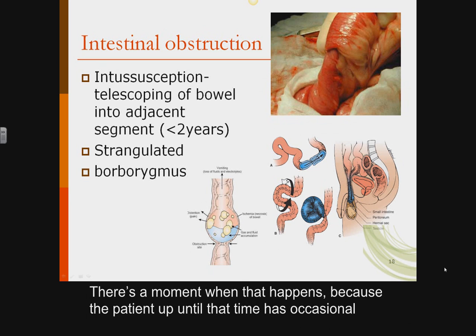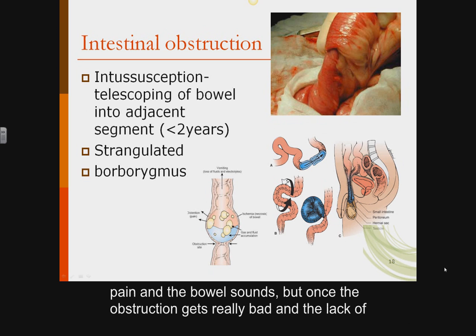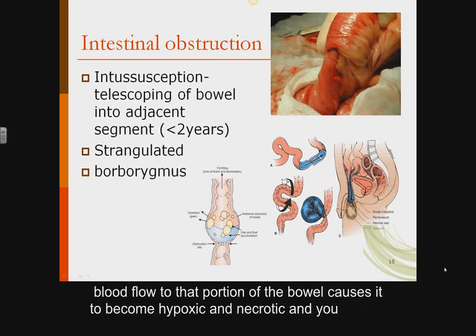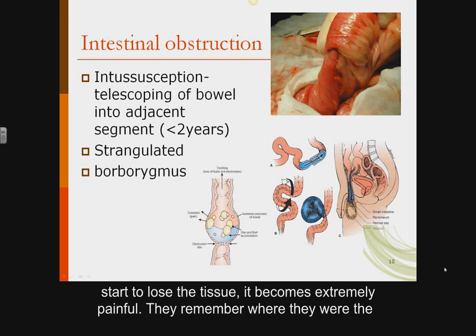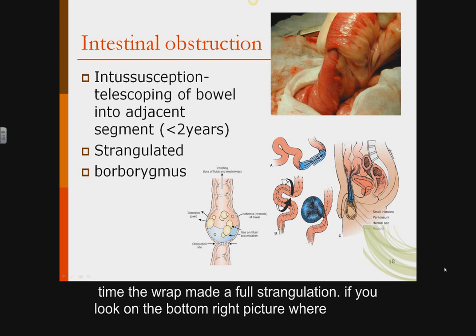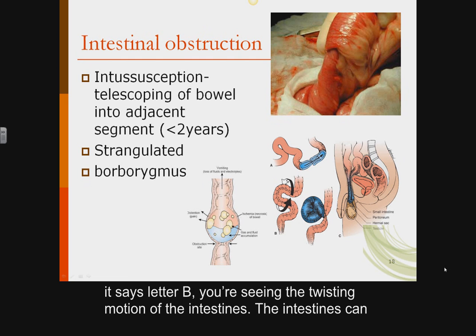There is a moment when that happens because the patient up until that time has had occasional pain and weird bowel sounds, the borborygmus, but once the obstruction gets really bad and the lack of blood flow to that portion of the bowel causes it to become so hypoxic and necrotic that they start to lose the tissue, it becomes extremely painful. And they remember where they were the time the wrap made a full strangulation.